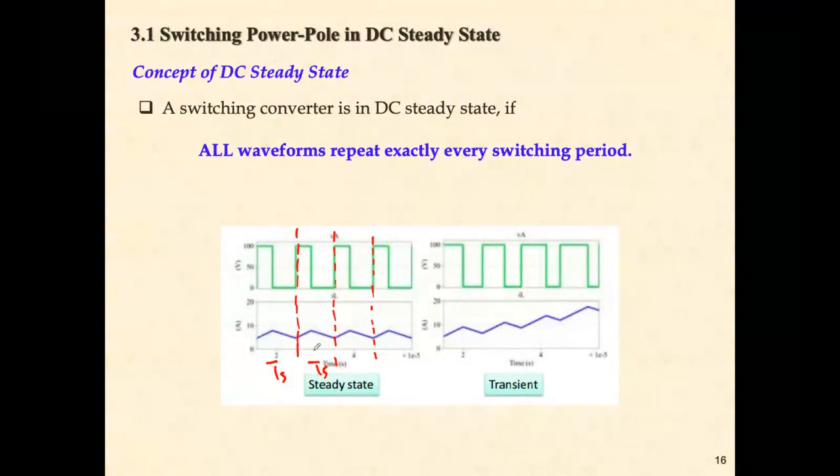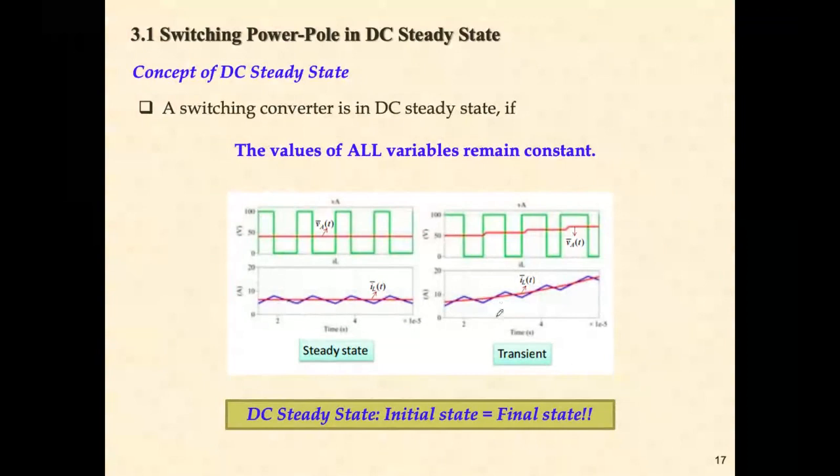For each switching period, all the waveforms are identical. So this is the summary actually: initial state is equal to final state. They are identical.